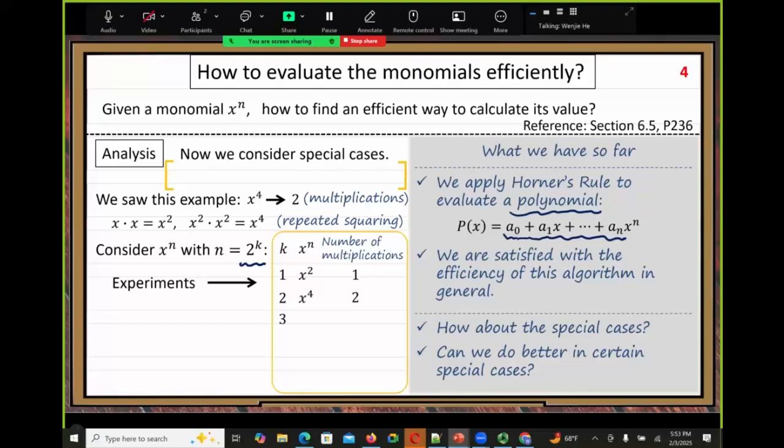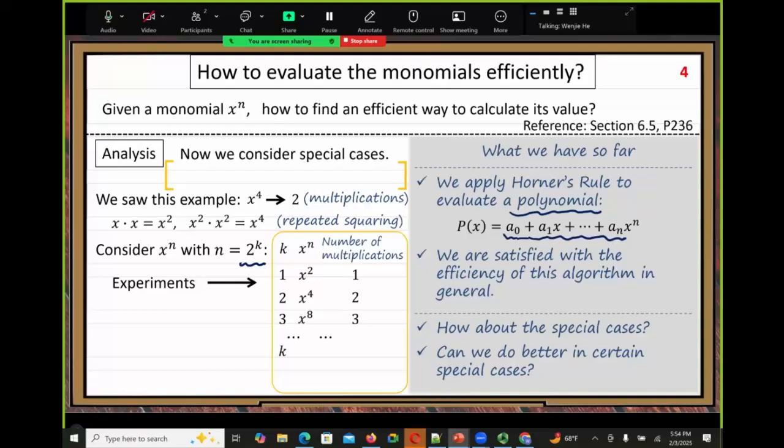When k equals 3, the exponent is 2 to the 3rd, that's 8. You need 3 multiplications, because after you get 2 to the 4th, you just do one more square operation. When you keep doing square operations like this, do you get an idea?